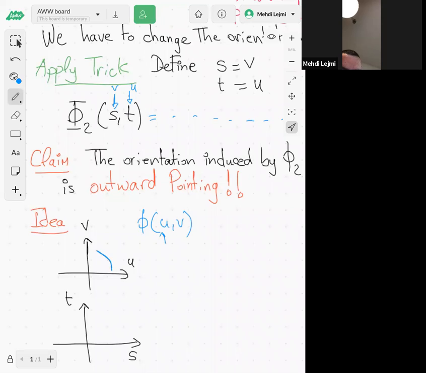So the orientation is this one here in the domain of phi1. Now, in phi2, with s and t, of course you start with s and go to t. But now s is v, and t is u. So in some sense, now you're going from v to u. So you're reversing the orientation when you switch the order of the parameters. Anyway, that's basically the idea.